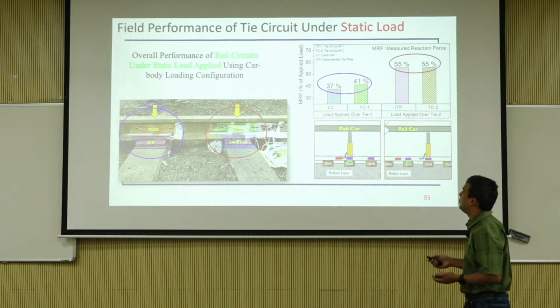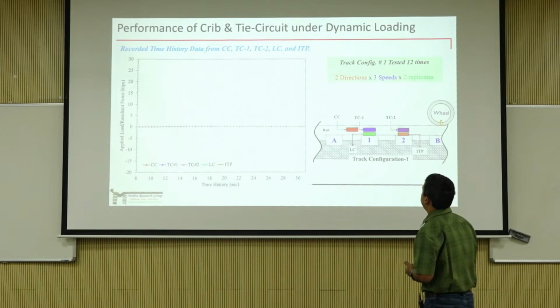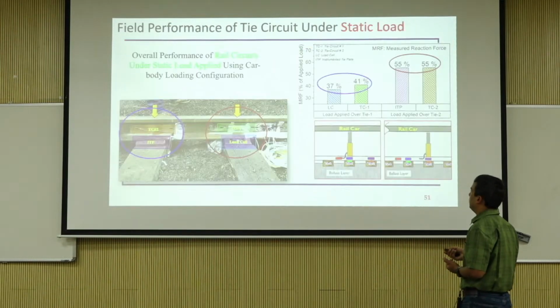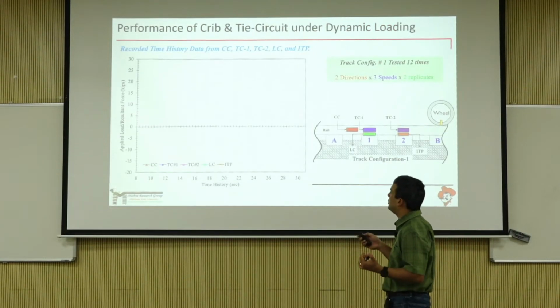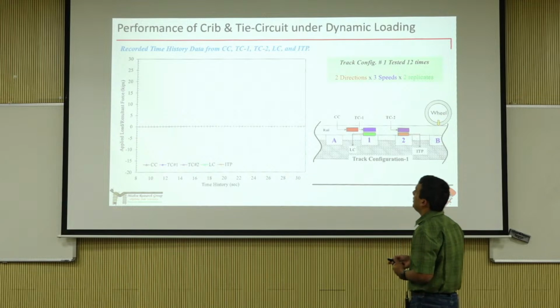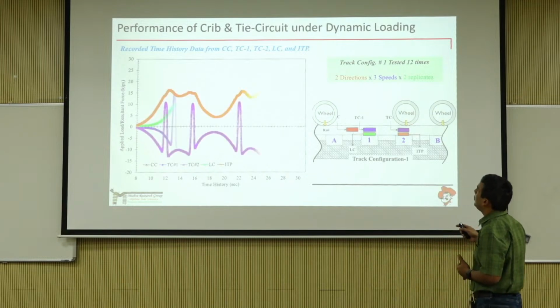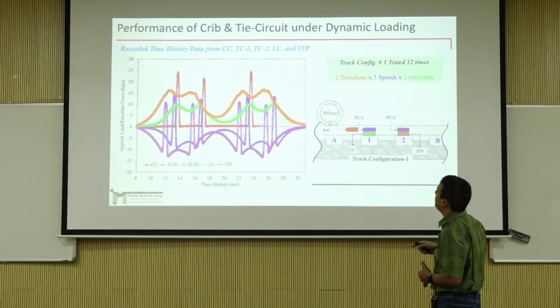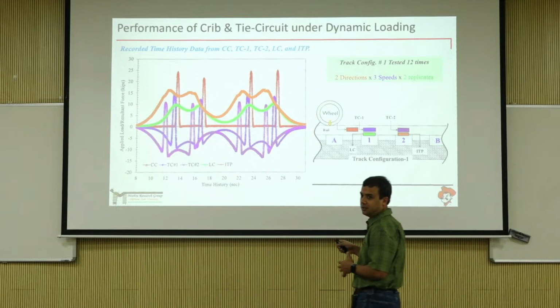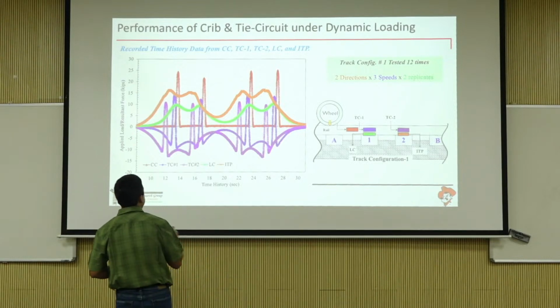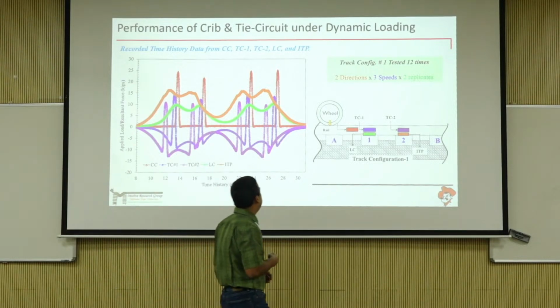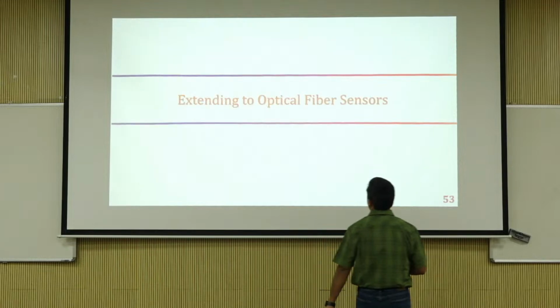So this is what we were trying to show them, that this is how the data compares. This is how the actual data looks. This is an animation. You'll see when a train goes, you get all these different signatures under one pass, and then you have to analyze this data to come up with the comparisons and stuff like that.